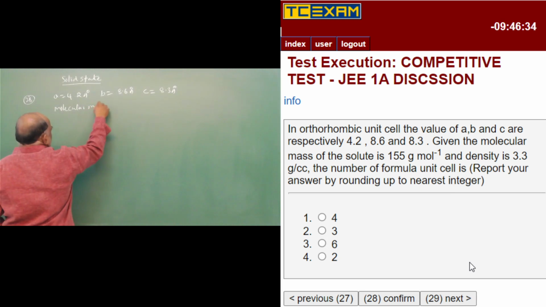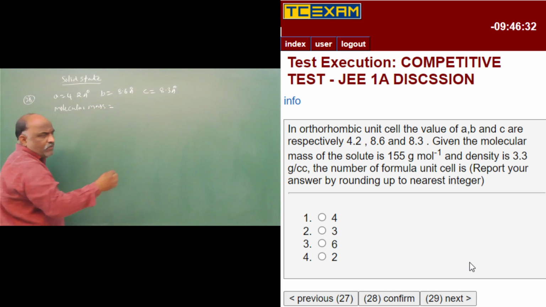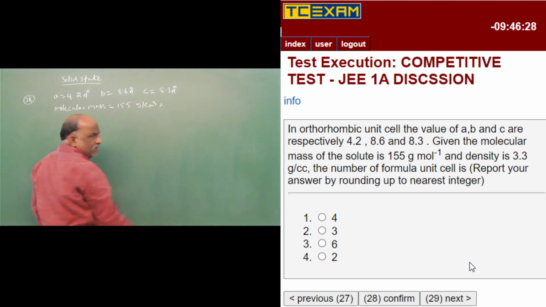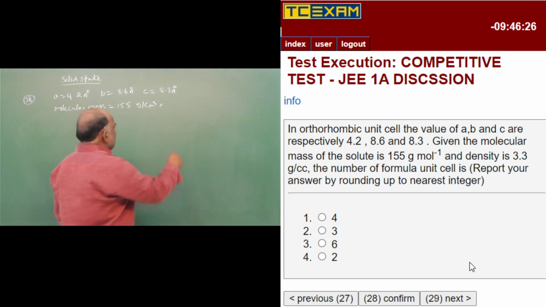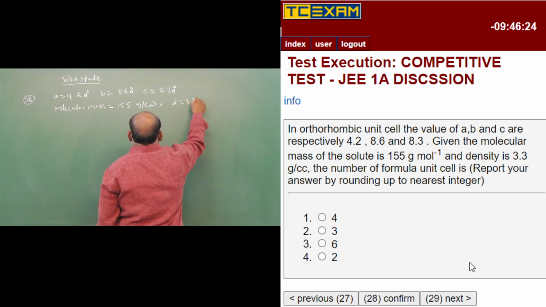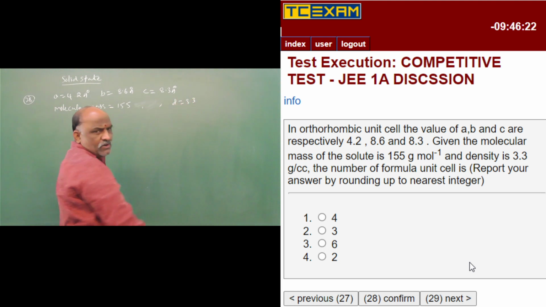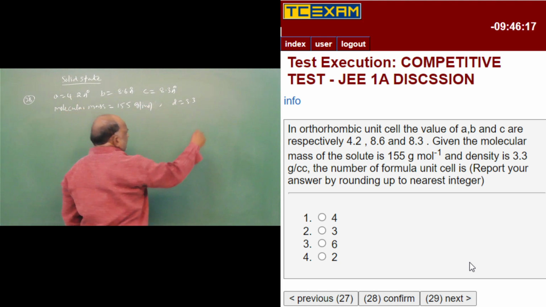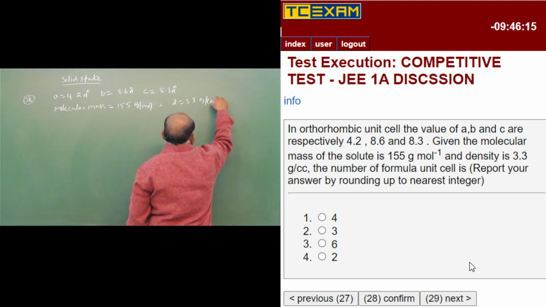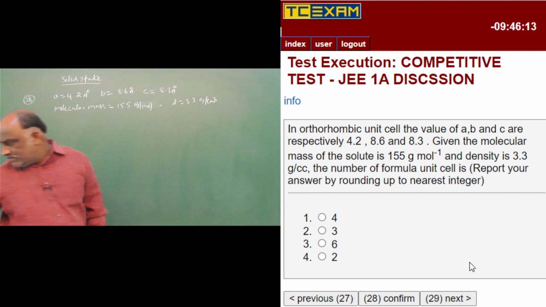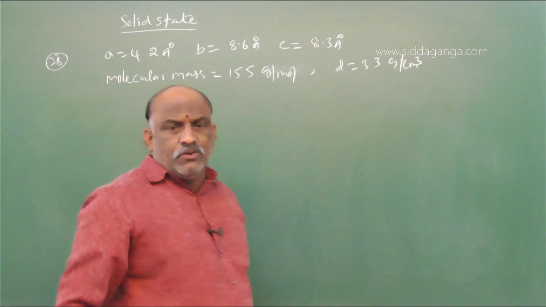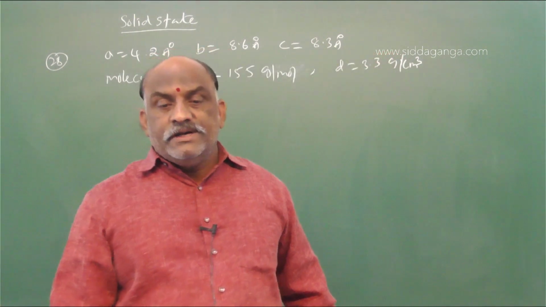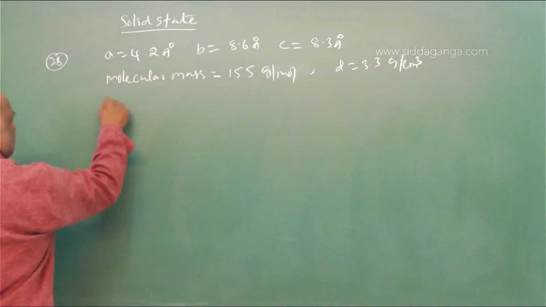Molecular mass is equal to 155 gram per mole, and the last given is density, D, 3.3 gram per centimeter cube. Then my dear students, what to do? We have to calculate the number of formula unit cells.